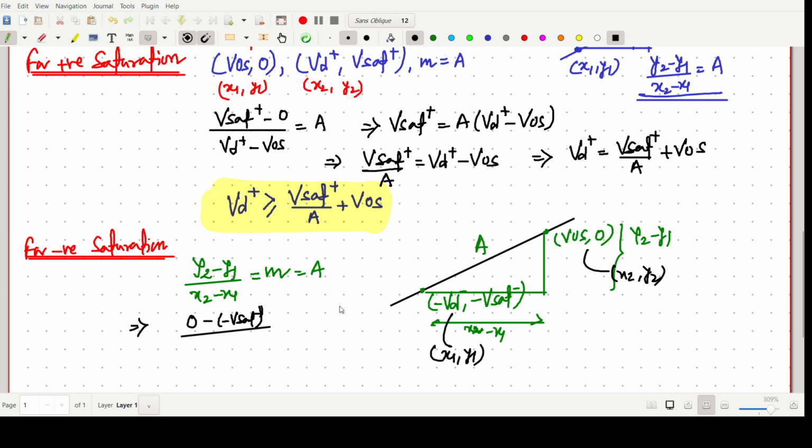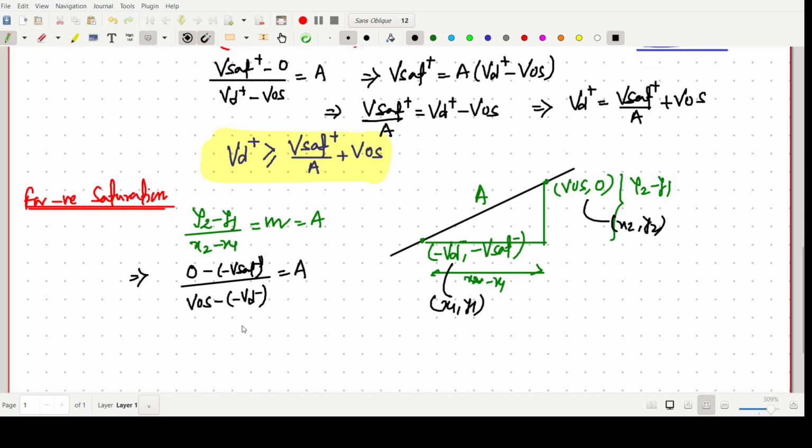Now x2 is our Vos minus of minus Vd minus, equals the slope, which will be A. So we can write this as Vset minus divided by Vos plus Vd minus equals A.